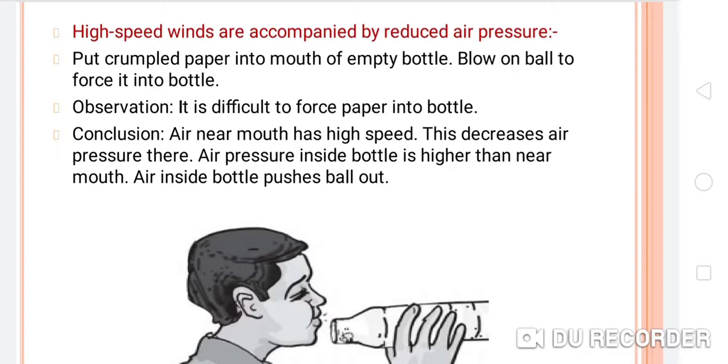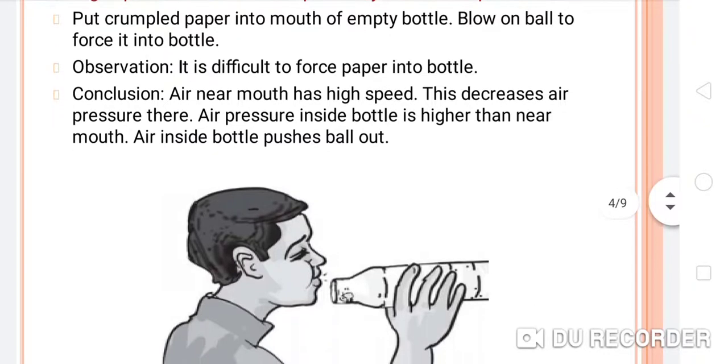Now observation: it is difficult to force the paper ball into the bottle. But what is the conclusion about it? Why is the paper not going inside the bottle? So let's see the reason here. Conclusion: air near the mouth has high speed.